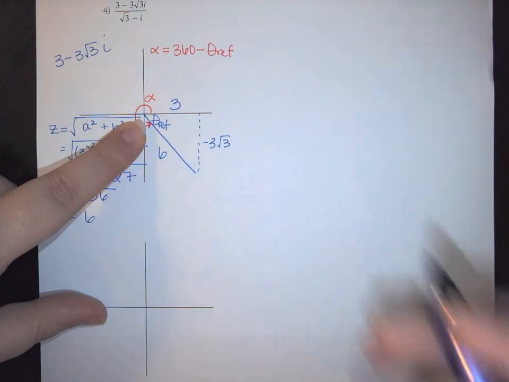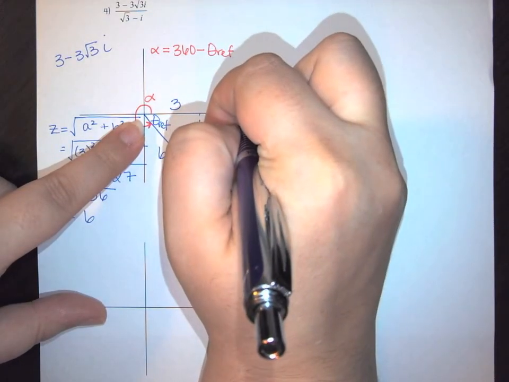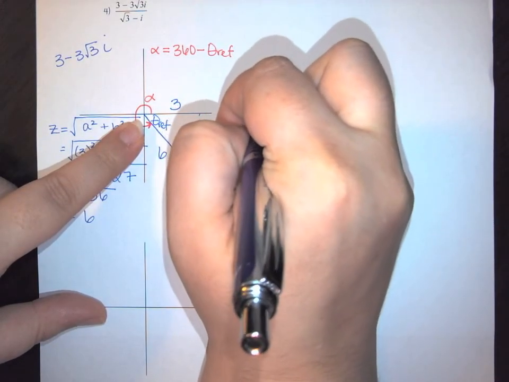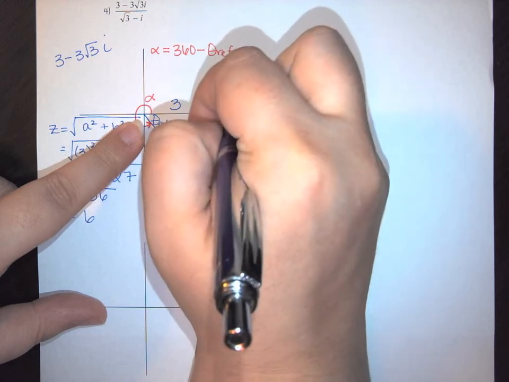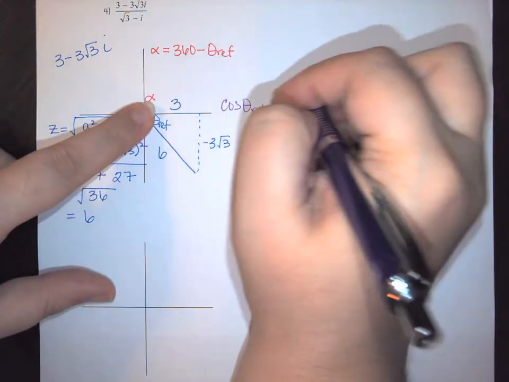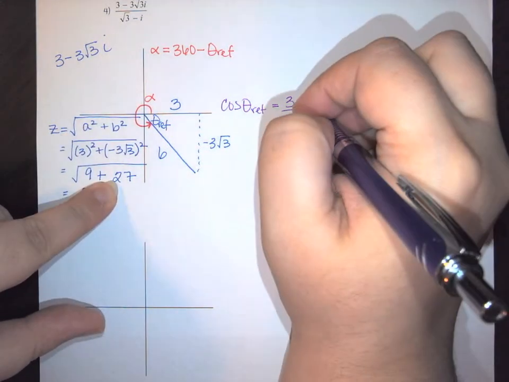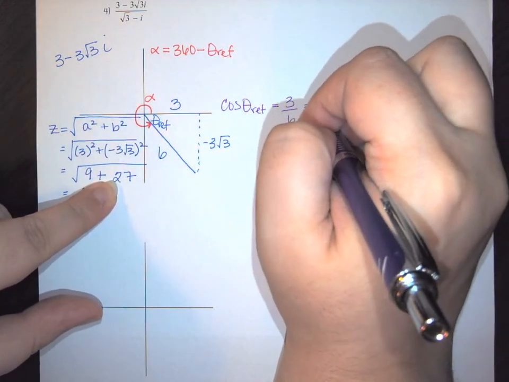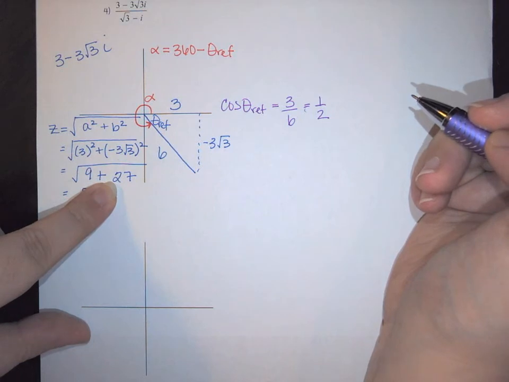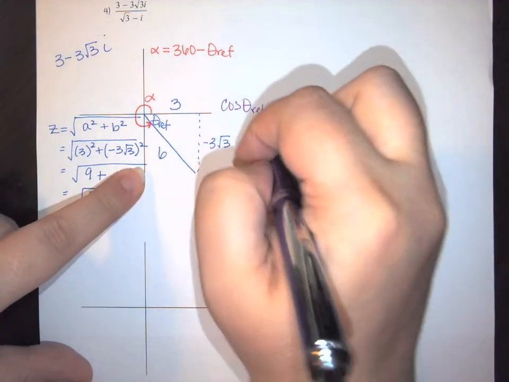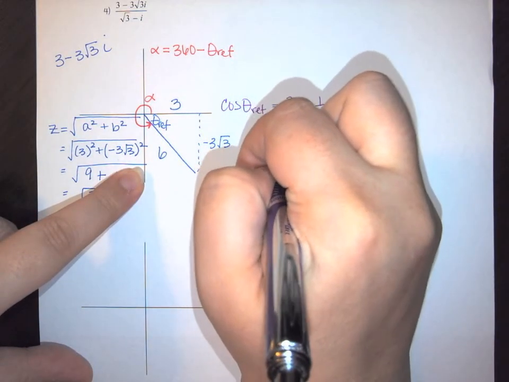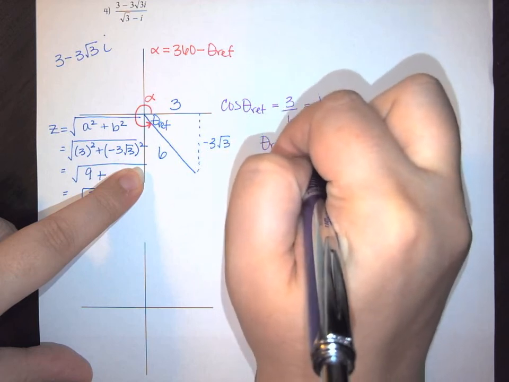So here, let me switch up colors. I would have that the cosine of my reference is equal to adjacent 3 over 6. However, I can reduce this, so this is going to equal 1/2. In doing so, that makes my reference equal to 60 degrees.